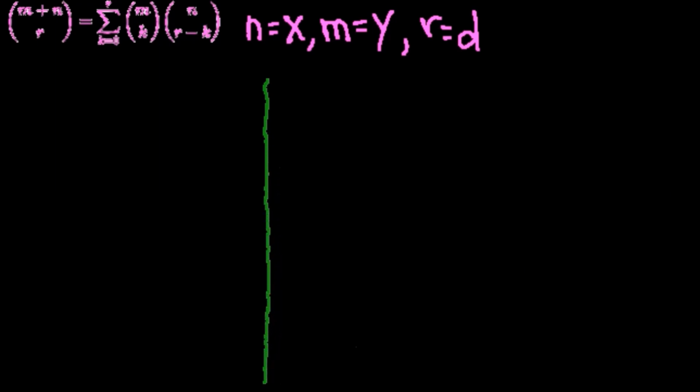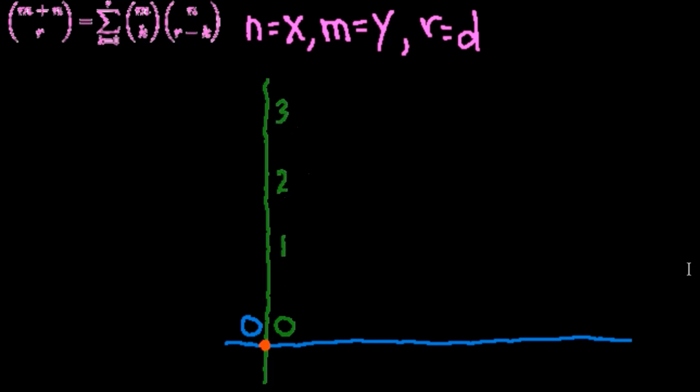Now let's take the xy Cartesian plane with our x equals 0 y-axis in green and our y equals 0 axis in blue, and the red point at the origin. And so let's say that every binomial on this lattice we've been looking at is the value of the point on the integer lattice of this Cartesian plane.